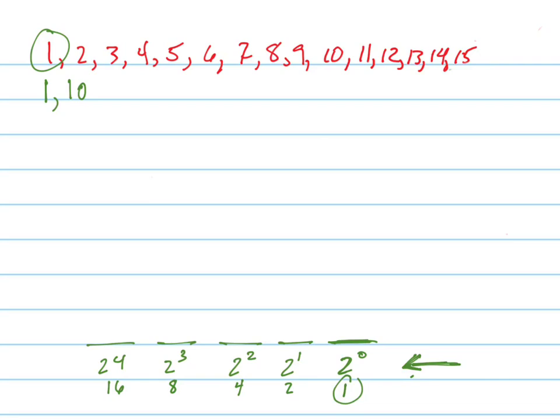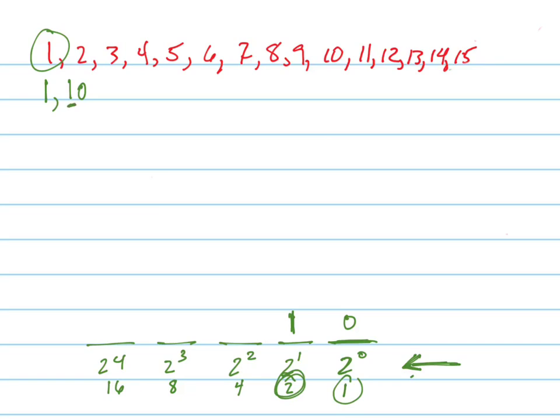I need 1 of these, right? Now how much do I have if I have 1 of these? I have 2, and that's all I need, right? So I have to write a 0 to hold the place. I can't write nothing, because if I just write 1 again, it looks like it's the same number as the number 1. So I write 1 comma 0.